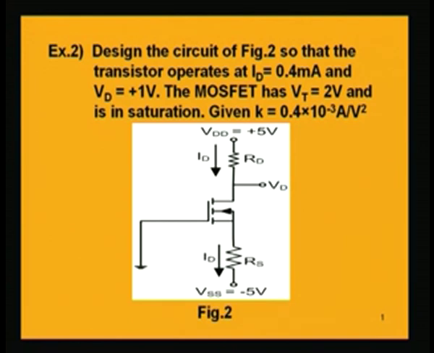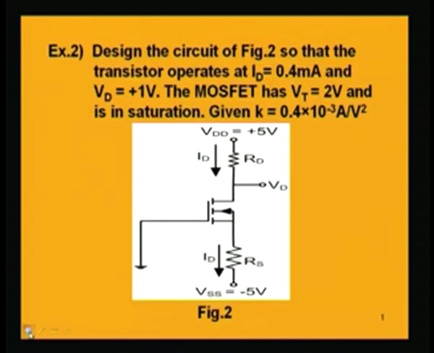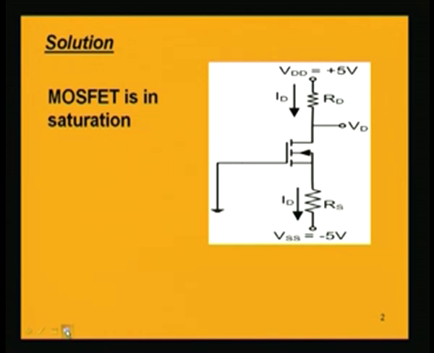So, as it is in saturation, we have to consider that the voltage VD must be greater than VGS minus VT, and the threshold voltage is given as 2 volt. So, we will be finding out VGS corresponding to that condition of saturation.